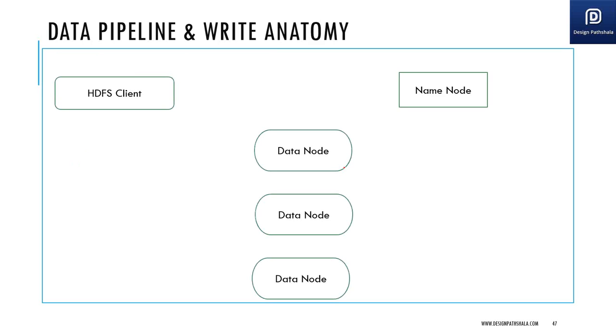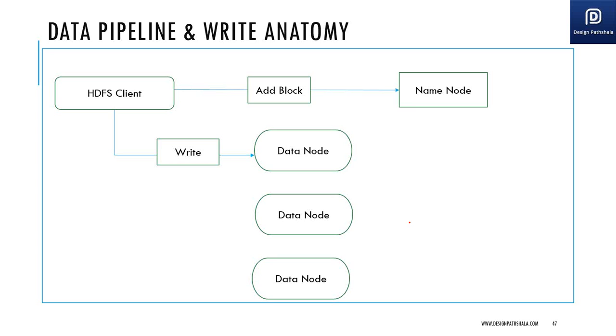So this is how the write happens in the cluster. I, as a client, request the name node that I want to copy some file in the HDFS cluster. So I give a request to the name node. The name node returns to me the data nodes on which the block needs to be written. Now it's my responsibility as a client to give a write signal to those data nodes to write the block.